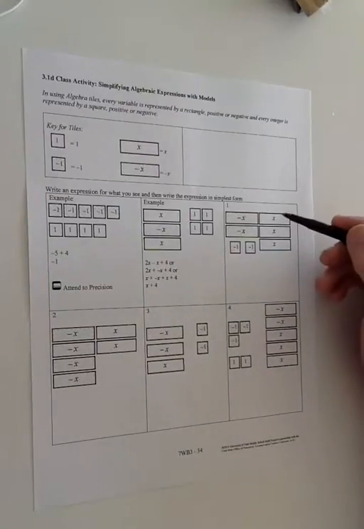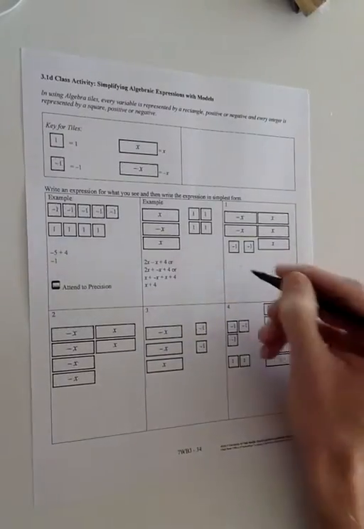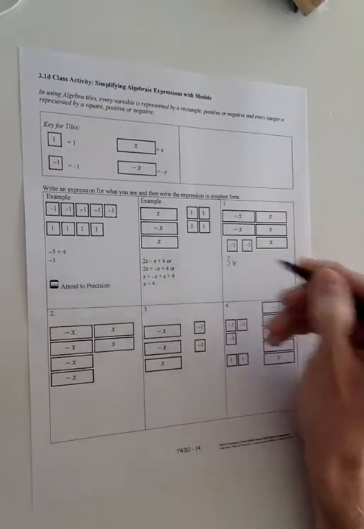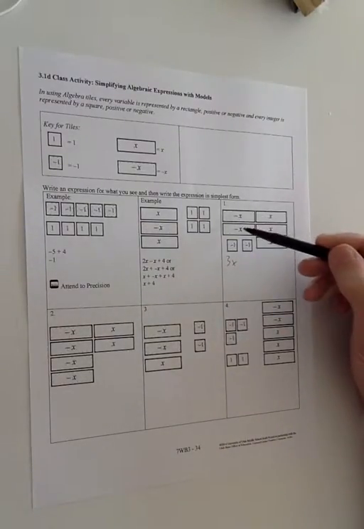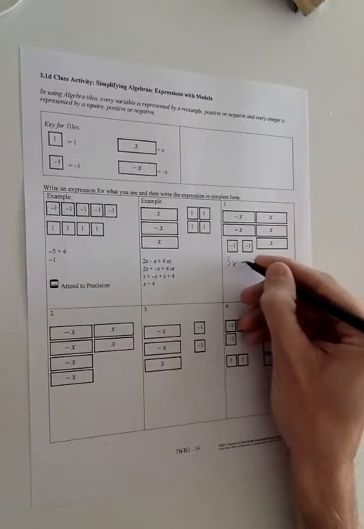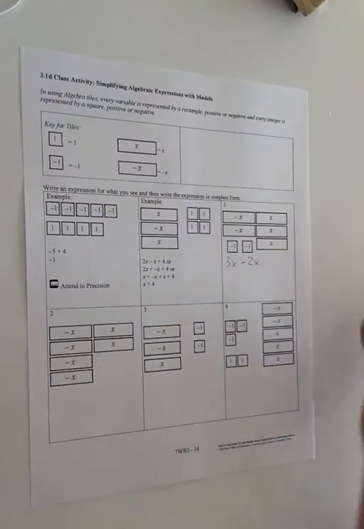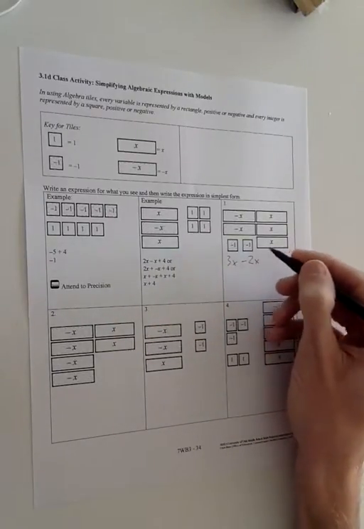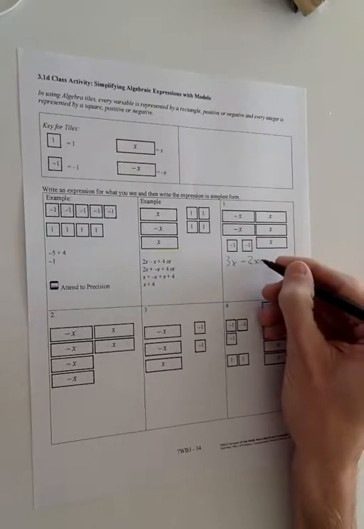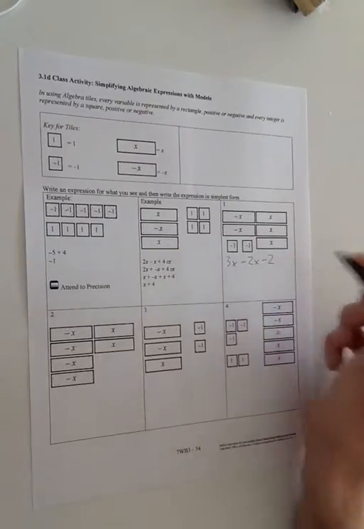We have a total of 3 x's, so I'll start with 3x. We have a total of 2 -x's, so I can write -2x. We have a total of 2 -1s, so I can do plus -2, or I could just do -2.